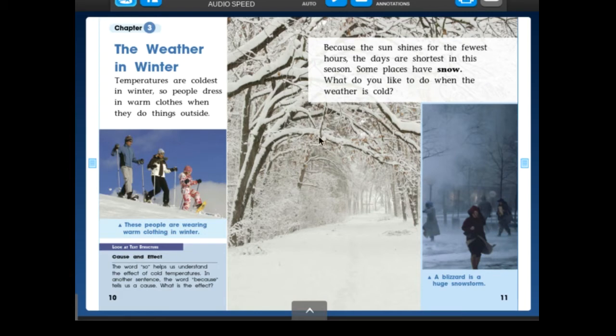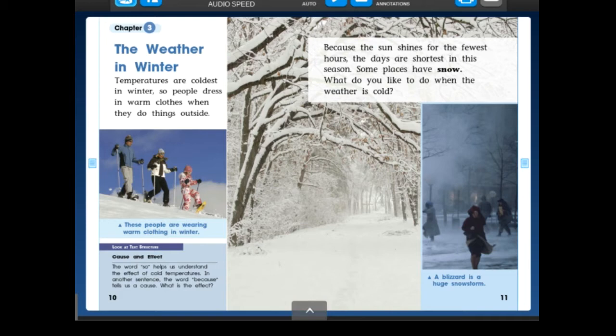There we go. So we did two things. We looked for the cause. Why did something happen? And we used evidence from the text to answer those questions. So we did a lot of work there, cause and effect, and evidence from the text.